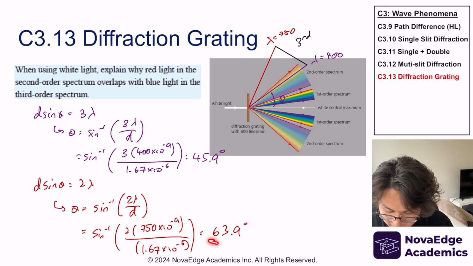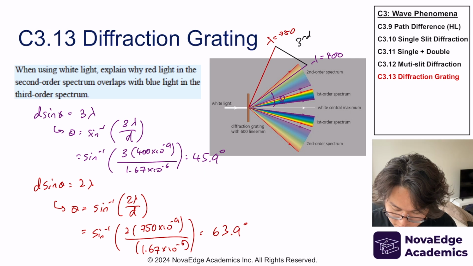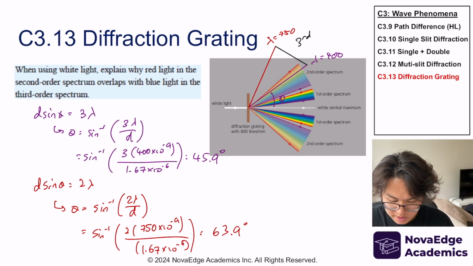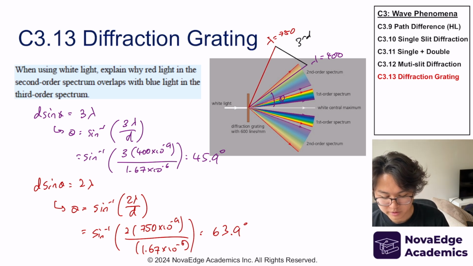You can see that this angle in the second order for red is greater than this angle in the third order for violet. So you can see how the difference in wavelength can affect this much. Maybe if I did 700, it would be a bit closer, but the answer to this question is due to the difference in wavelength, where the wavelength of the violet is significantly smaller than the red one.